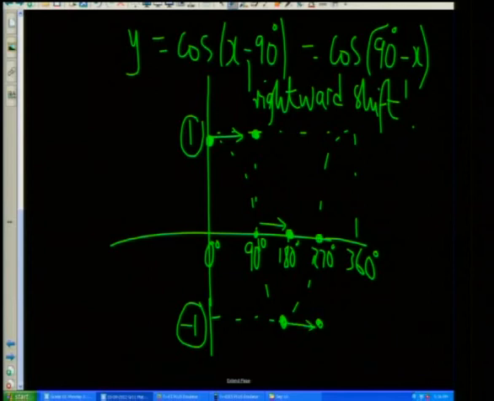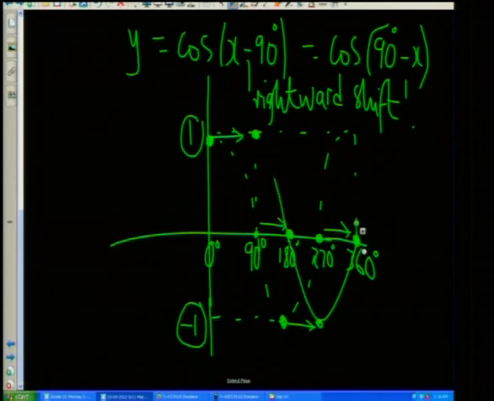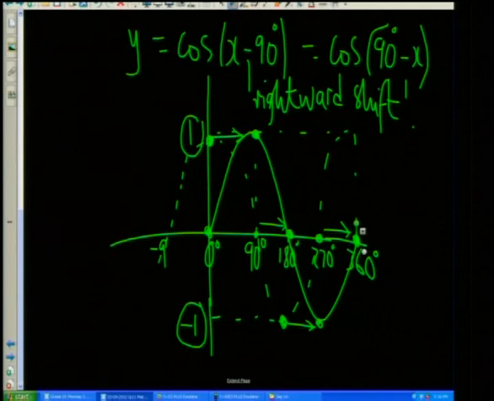Over there by 90 degrees as well. And you're going to end up with a graph that looks like that. So what used to be, if I can just extend it to that side, minus 90 degrees, now corresponds with 0 degrees because we have moved it 90 units.